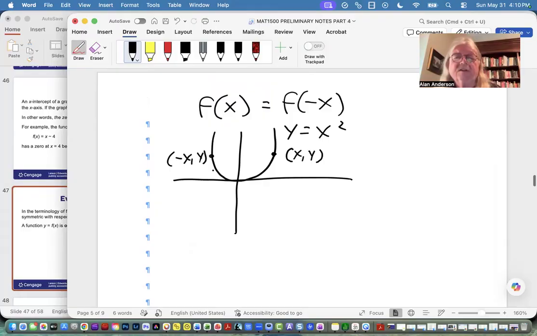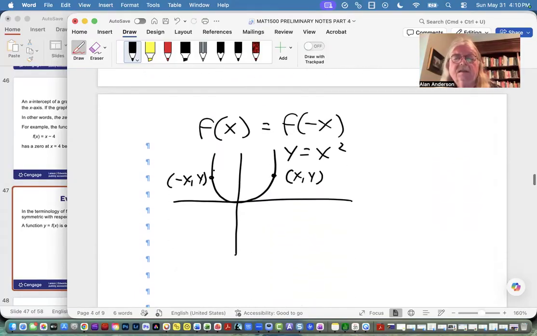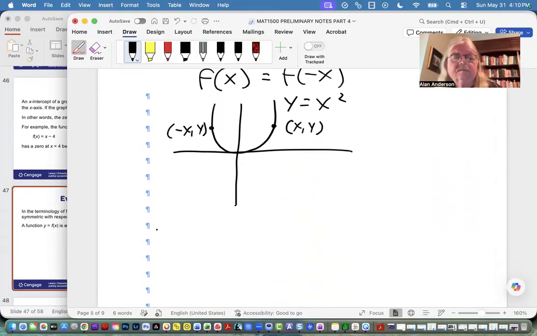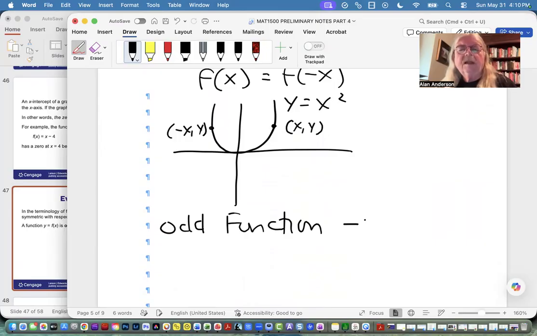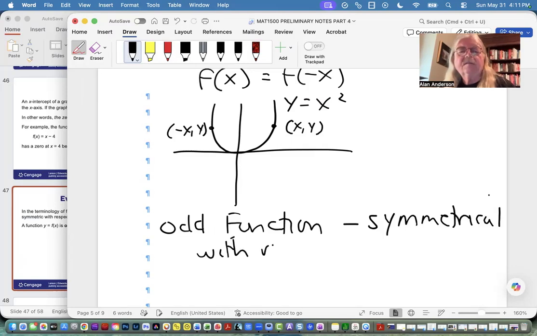And then an odd function, that's the one that's symmetrical with respect to the origin. All right.